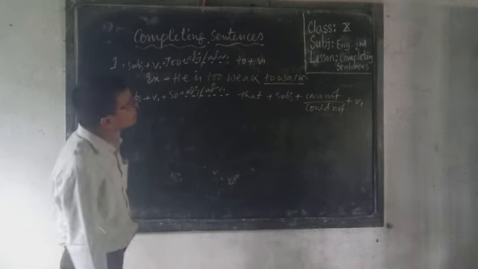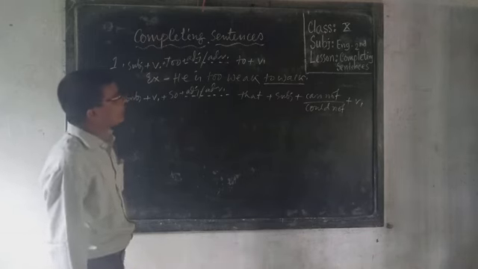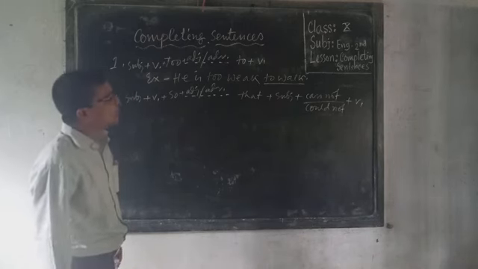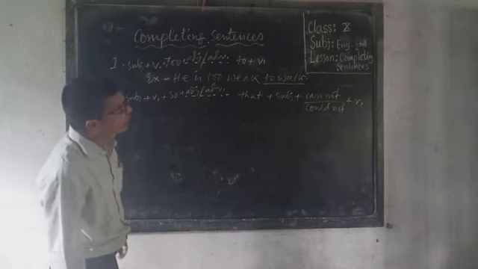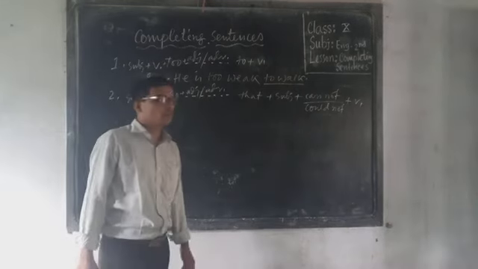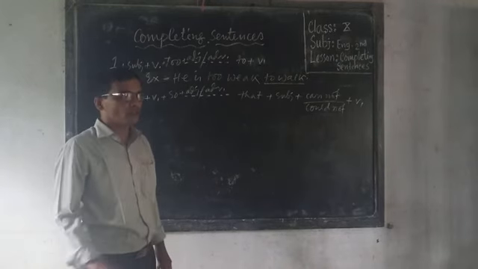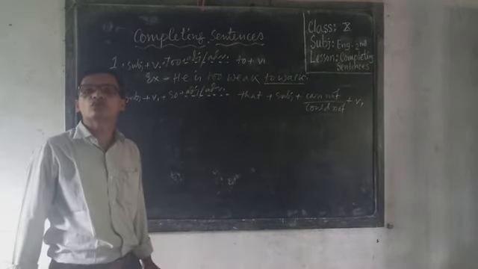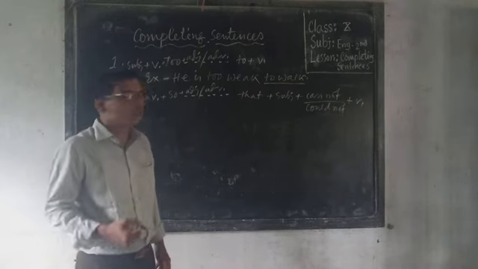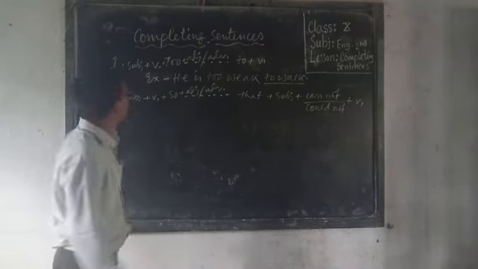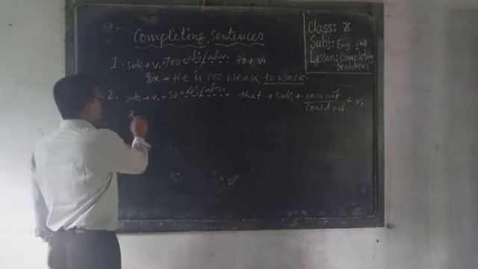So dear students, after "cannot" or "could not", we have to put there base form of verb, because we know that after every modal auxiliary we have to use base verb. Let's see the example of it.